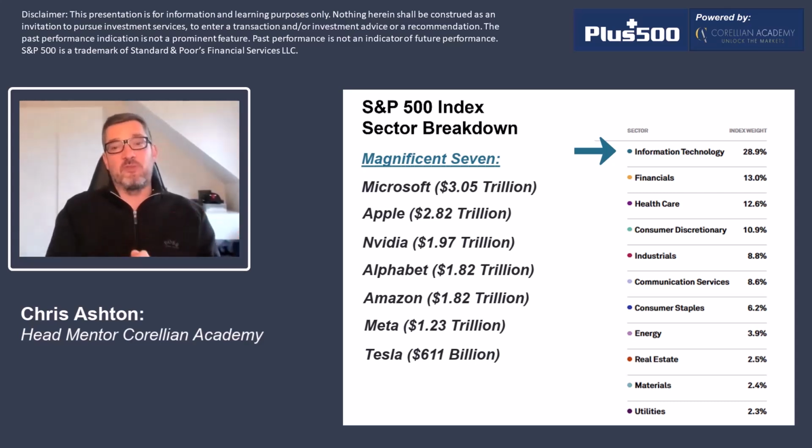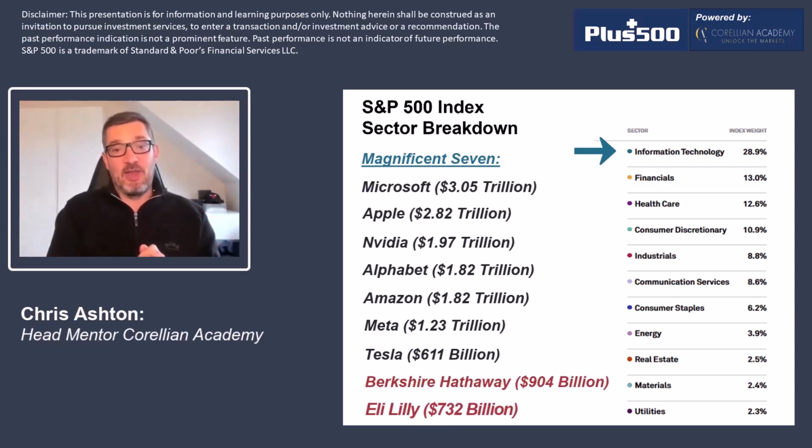This is important when trading the S&P 500 as it is a market capitalization weighted index, meaning larger companies have a greater impact on its performance. So the fortunes of these 7 stocks, as well as Berkshire Hathaway and the pharmaceutical giant Eli Lilly, have a huge impact on the general sentiment and direction of the wider S&P 500 index.